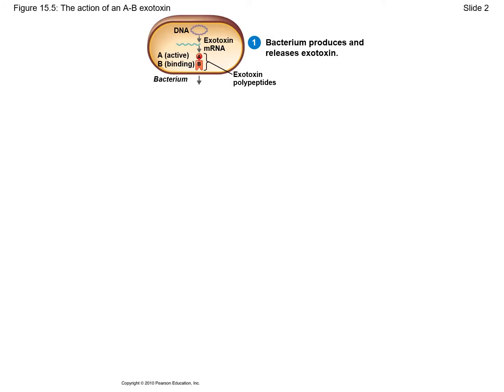The last type of exotoxin I want to talk about are the AB exotoxins, and that's probably the majority of exotoxins. AB type means that the exotoxin has 2 components. The A is the active component, and the B is the binding component of the exotoxin. So this shows a live bacterium that is translating the exotoxin protein.